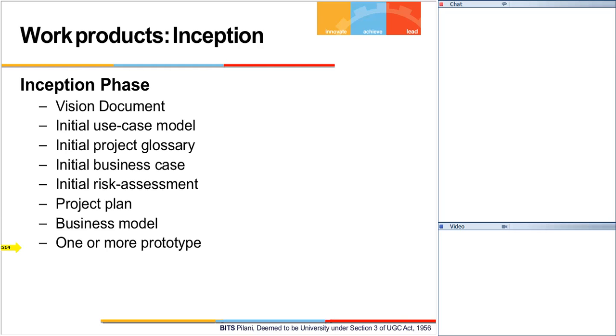And in this particular course, we're going to look at only the use case model from the inception phase, right? So this will be our focus in this course as well as in the remaining half of this lecture, right? I'll move ahead.